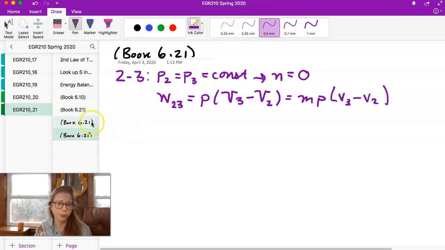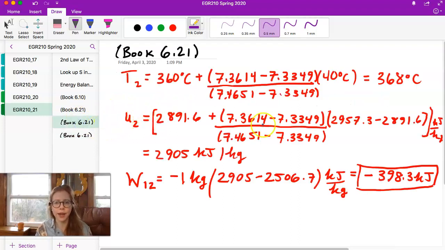And so to save some time, this whole ratio right here, the 7.3614 minus, so the change in entropy of where we're at compared to the lower and upper limits in the table for state 2. So that ratio is 0.2035, this ratio right here.